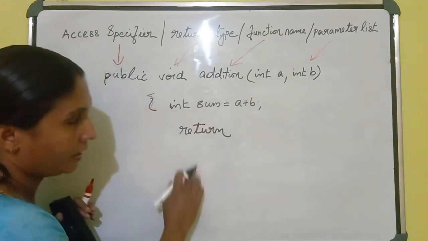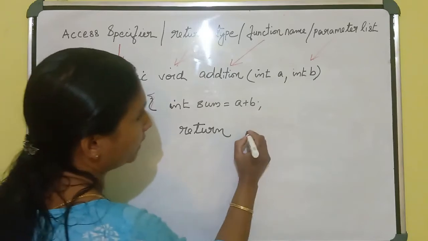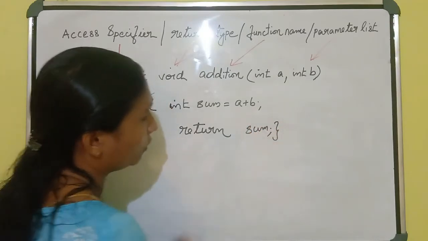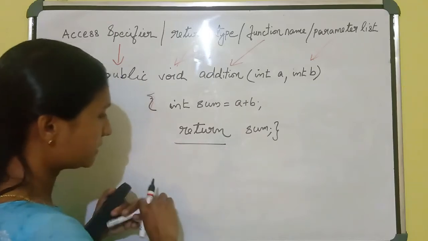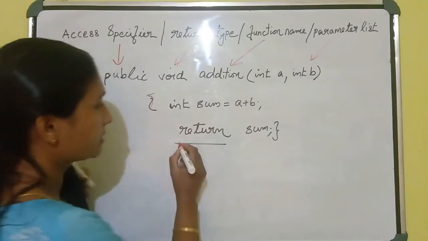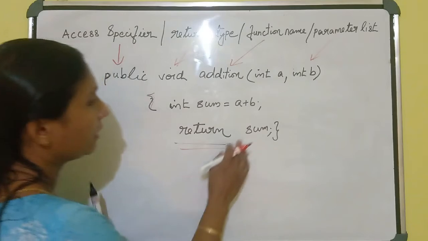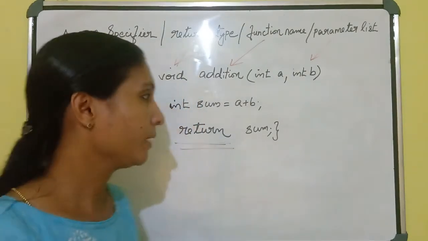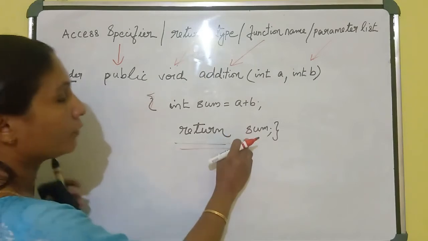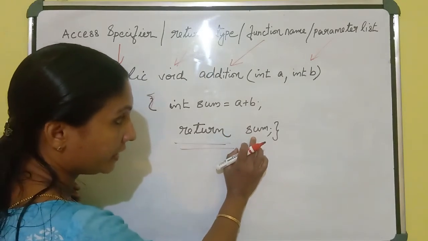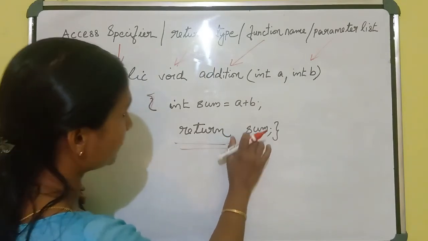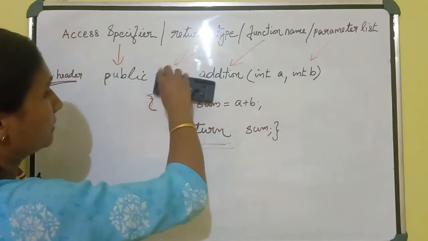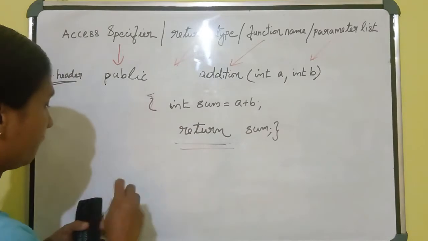Return is a keyword. With the help of this keyword, we can give the outcome of this function in this way. We can give one value or one outcome to the user, and you have to write the return value's data type here.